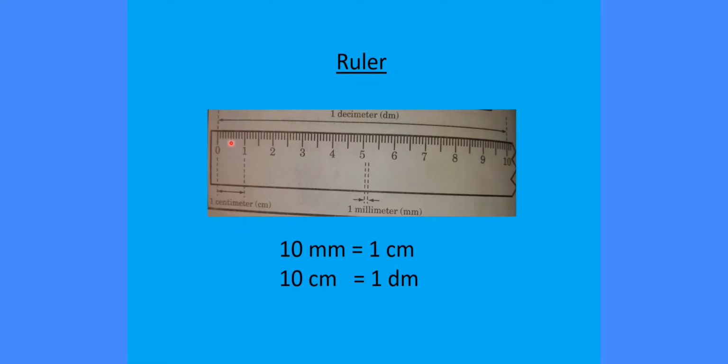As you can see, 1 cm is equivalent to 10 millimeters. Then 10 centimeters is equivalent to 1 decimeter. From this point to this point is 1 decimeter, which is 10 centimeters.